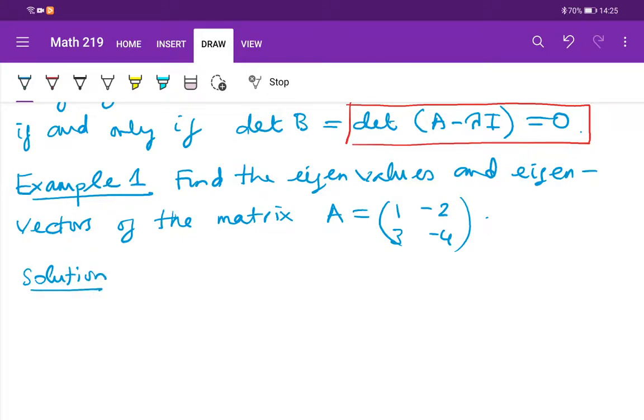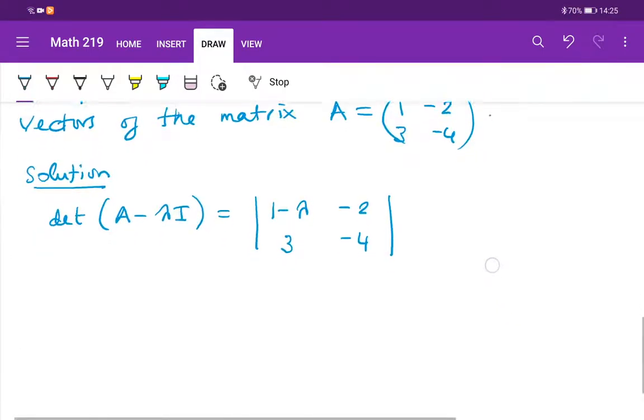Okay. So we write down our eigenvalue equation. This is the so-called characteristic equation. So the determinant of A minus lambda I is the determinant of 1 minus lambda, minus 2, 3, minus 4. And you'll recall we put these vertical lines to denote determinant.